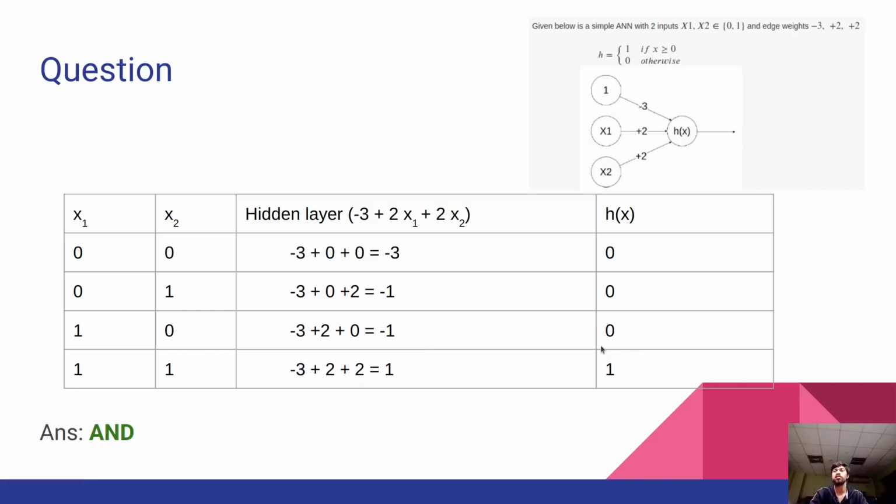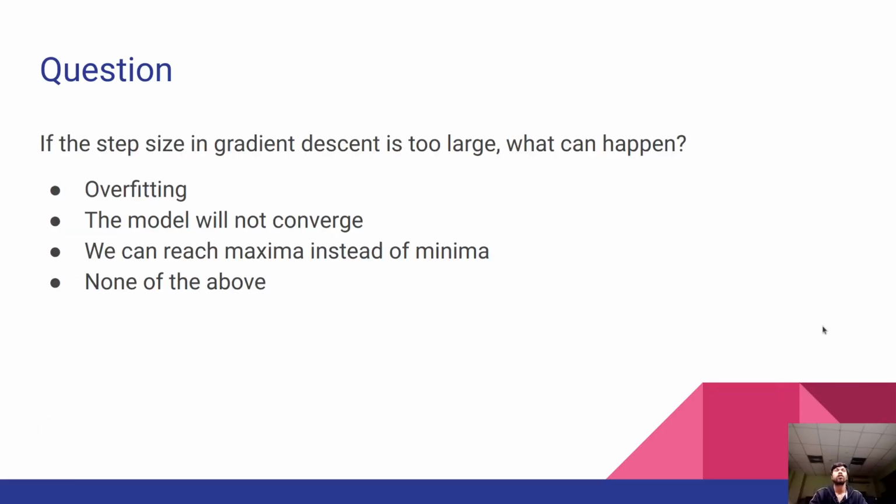This is coming 1 only when both the inputs are 1. So we can say this is an AND function, because the same thing happens in the AND function. If both the inputs are 1, then only it will be 1. Okay, so is it clear to everyone?